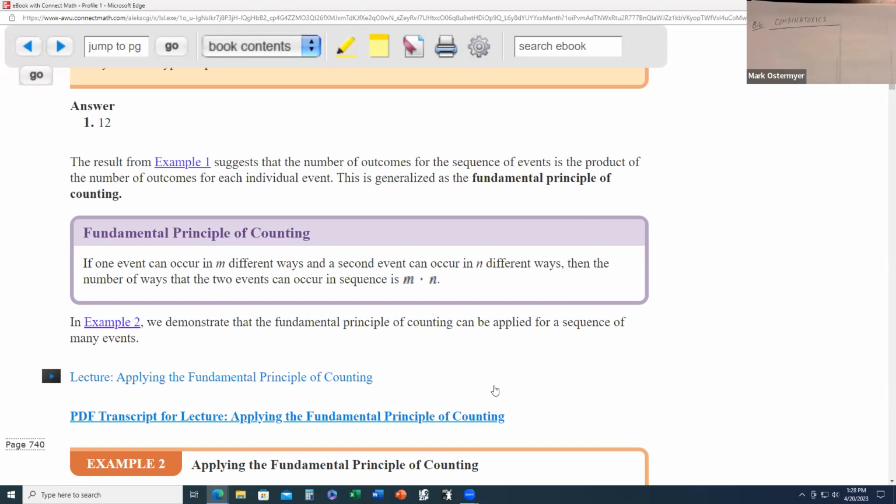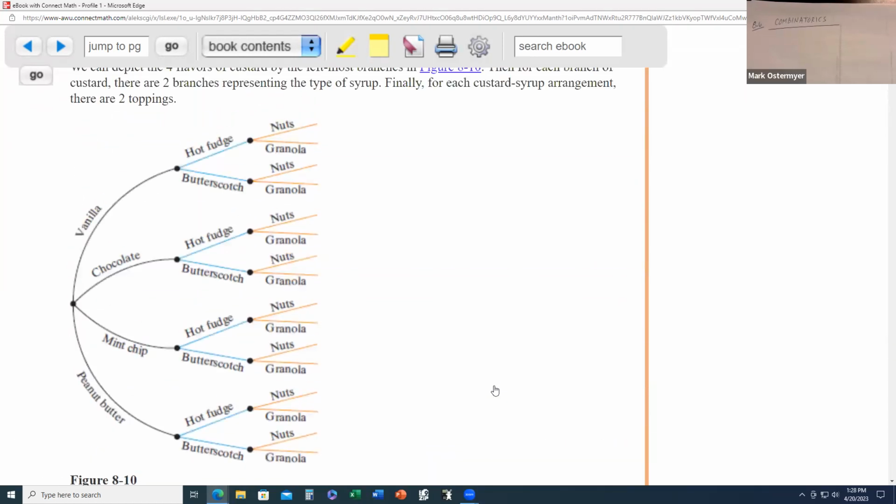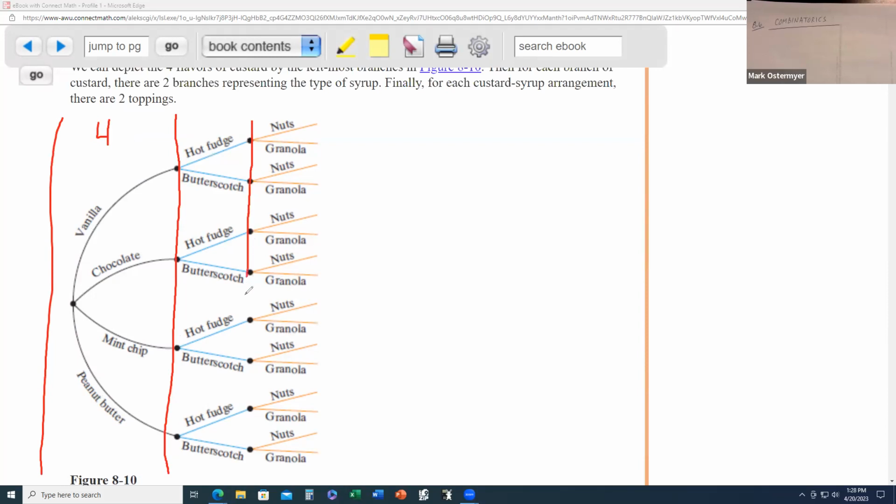So let's go back up to our example. Ladies and gentlemen, how many types of custards do we have available? We have 4 choices. How many choices for the syrups? 2 choices.